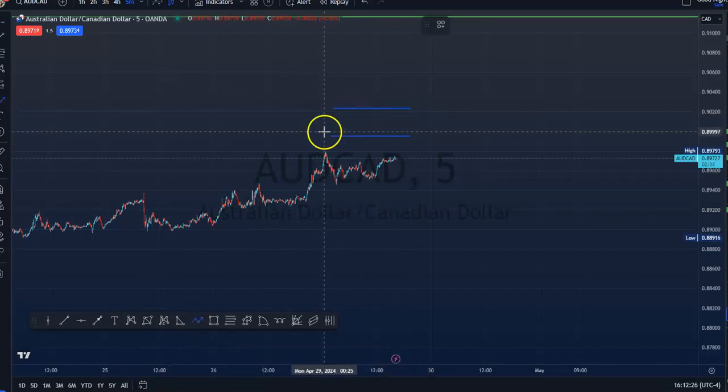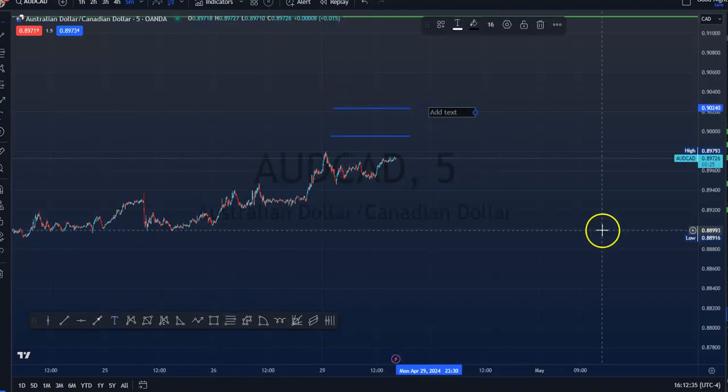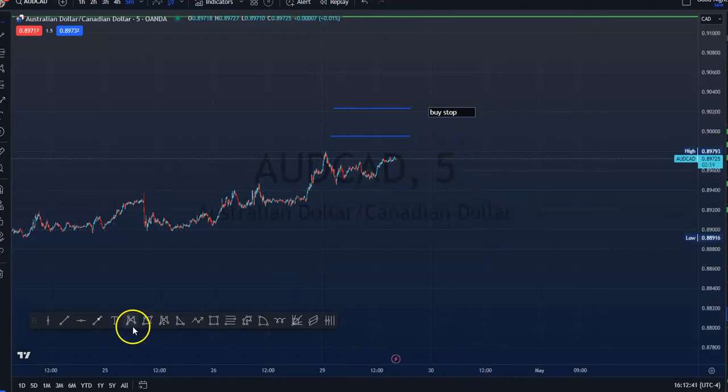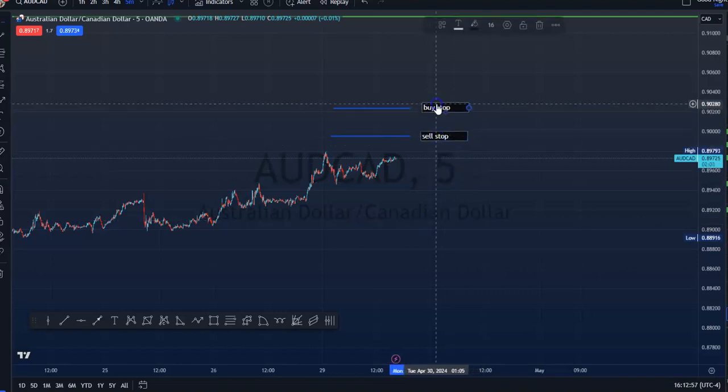Let's say right here is your buy stop, right? Then right here is your sell stop. That's the line, right?